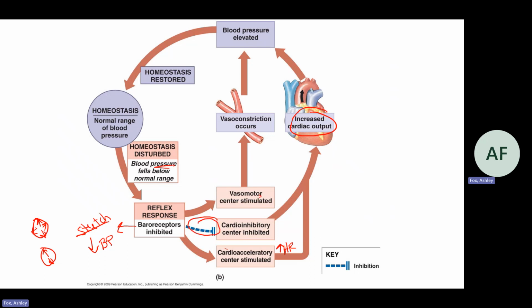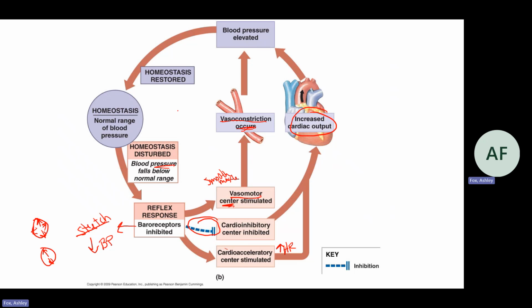You also have a vasomotor center. Vasomotor center is going to stimulate smooth muscle, especially in your arterioles and your arteries, and you're going to cause vasoconstriction. Why is this going to help?